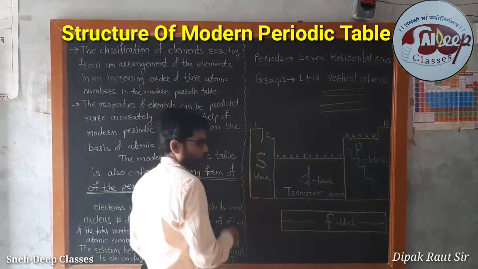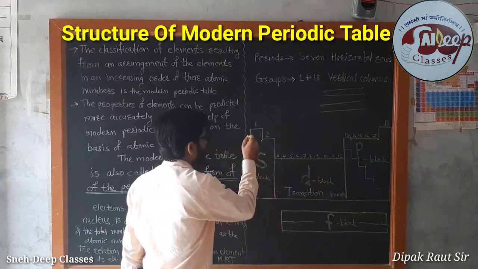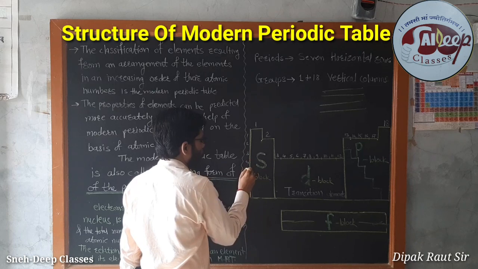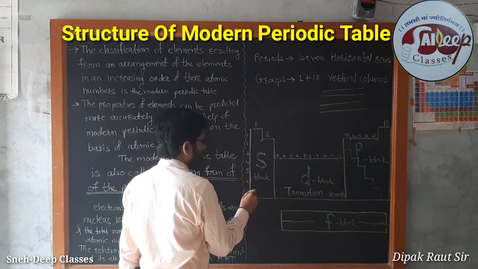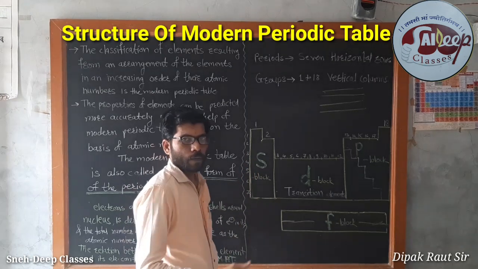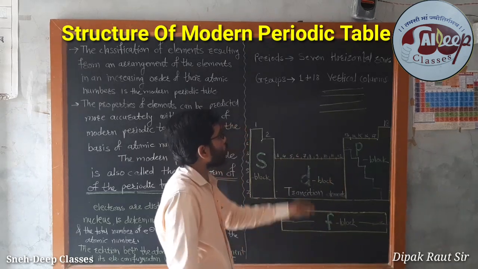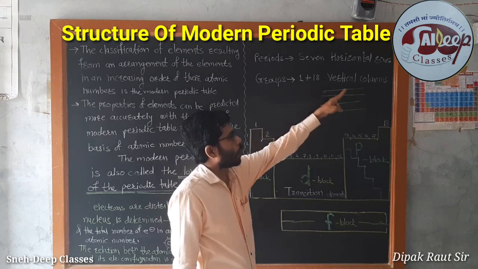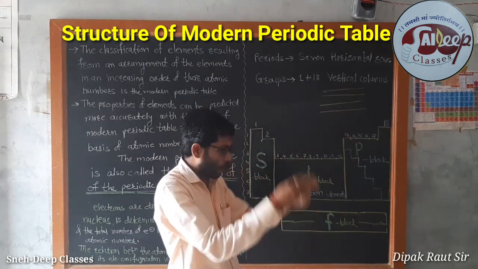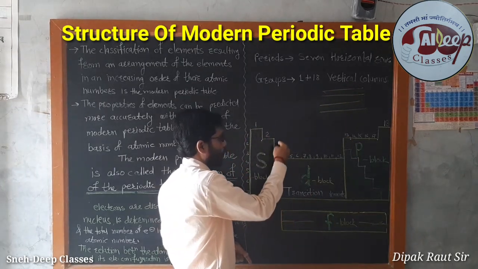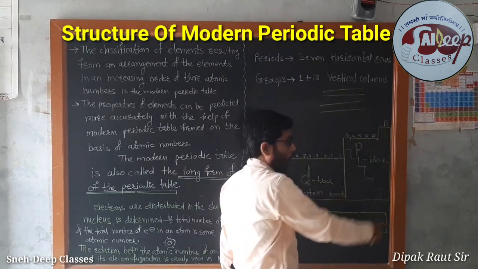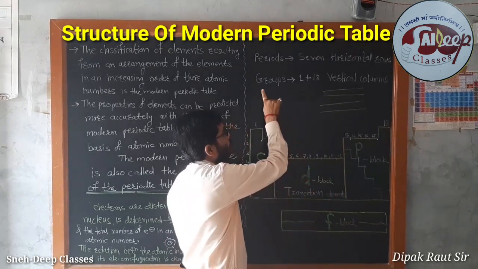These 7 horizontal lines are called periods, and the 1 to 18 vertical columns are called groups.